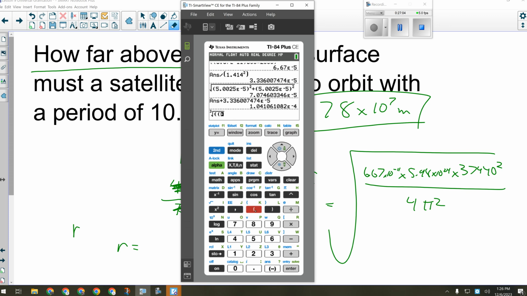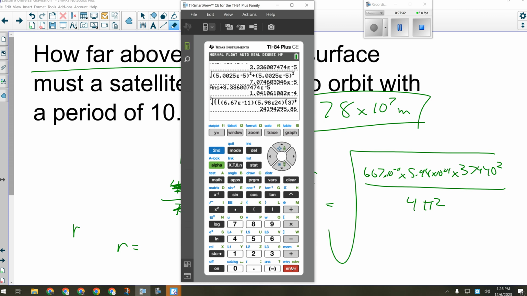Bracket, bracket, bracket. 6.67 e negative 11. 5.98 e 24. Okay, 37,440 squared, bracket, bracket, divided by, brackets, 4 pi squared, bracket, bracket. Okay, so there's the overall orbital radius center to center.